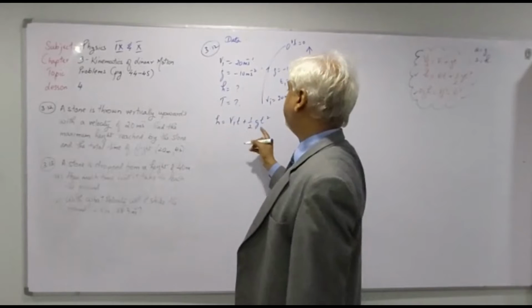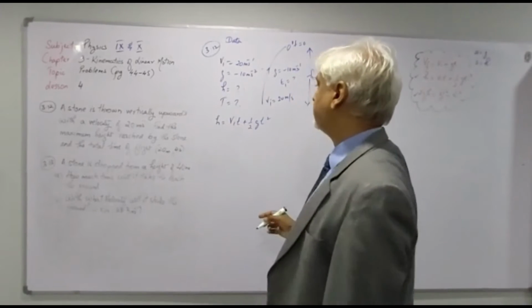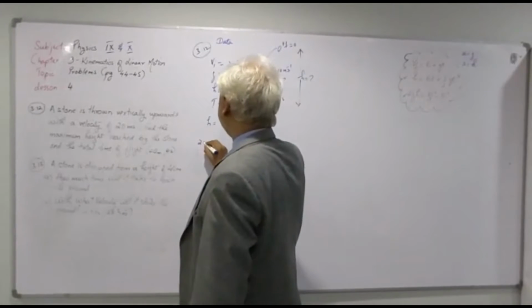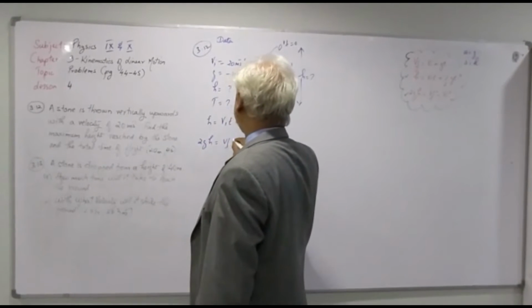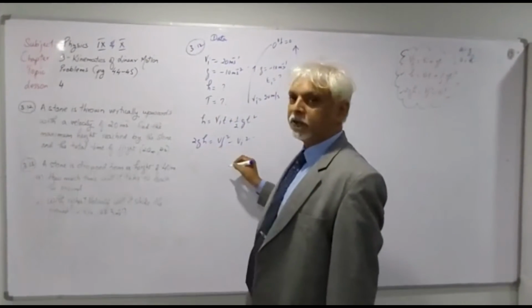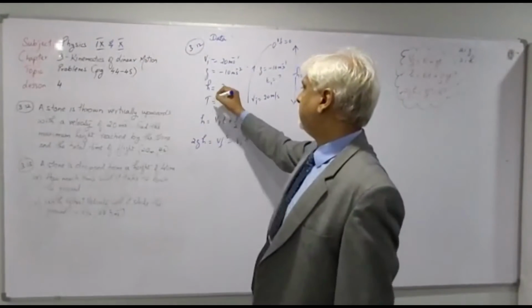The height and time both are unknown, so we cannot use this formula. So let's go on to the third equation of motion: 2gh is equal to Vf squared minus Vi squared. Here we don't have time, so we can use this formula to find the height.